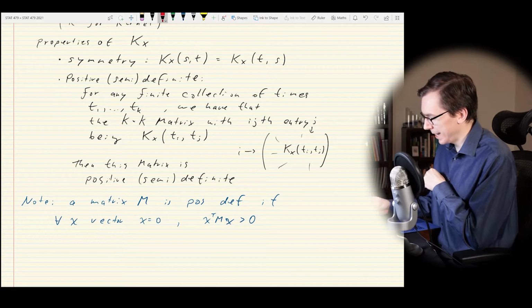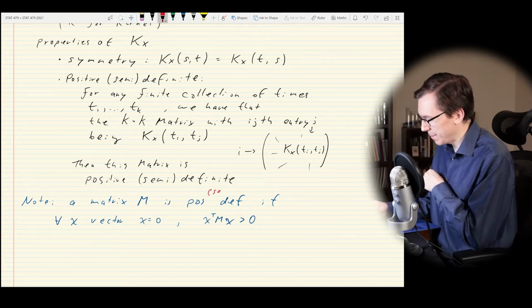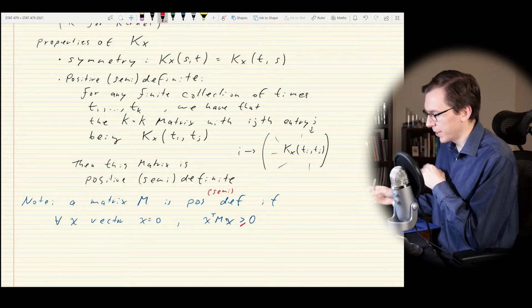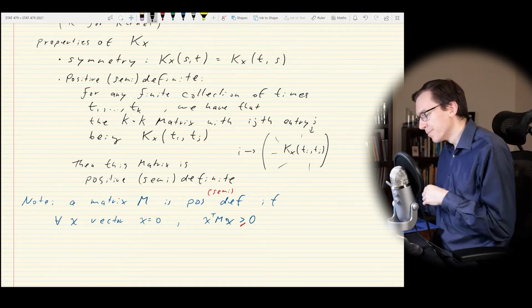And if I say positive semi-definite, then I'm just making this greater than or equal to 0.